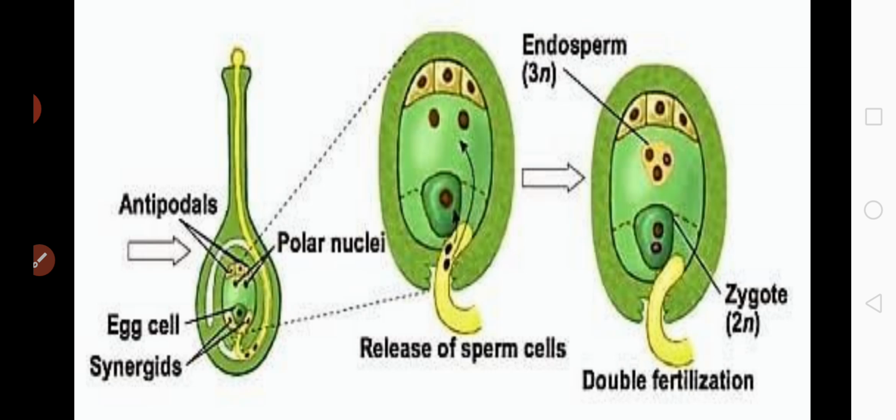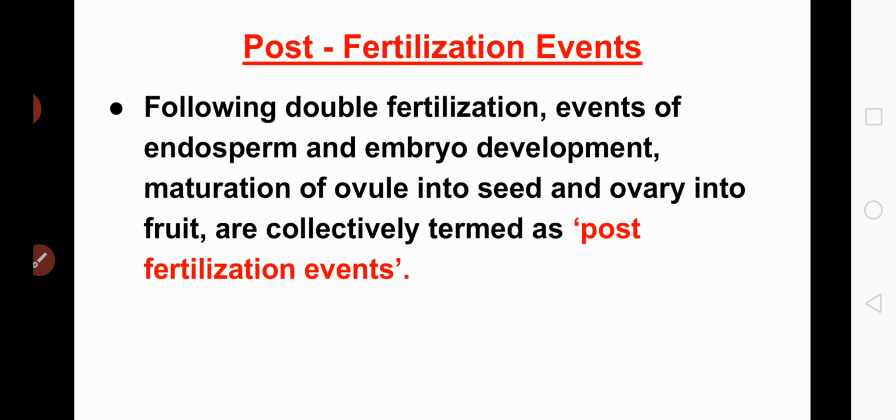So by the fusion of male and female gametes, zygote is formed, and by the fusion of male gamete and secondary nucleus, endosperm is formed. Is that clear? And this double fertilization process is a unique feature of the flowering plants.